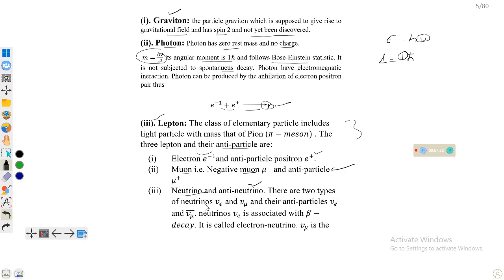There are two types of neutrino, the electron neutrino and the muon neutrino, and similarly their antiparticles. The first neutrino is associated with beta decay and is called the electron neutrino, and the muon neutrino is associated with the muon decay.